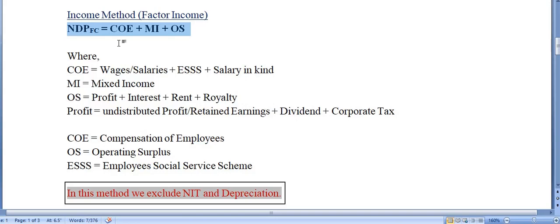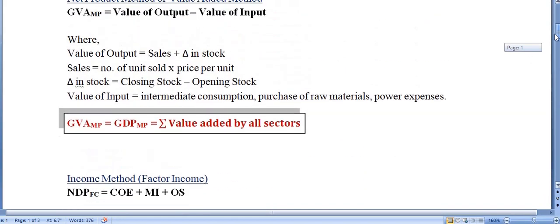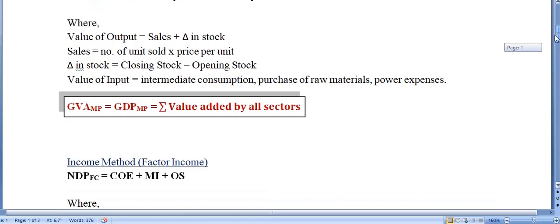Now remember, unlike the value added method, the income method is actually a net concept, not a gross concept. In the value added method, you would get the answer at market price, but in the income method, you will get the domestic product at FC.